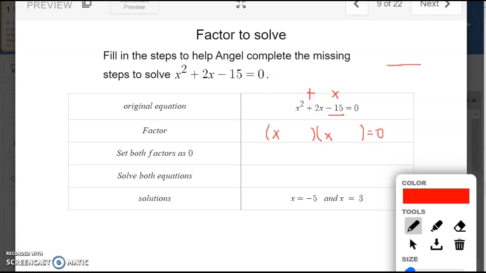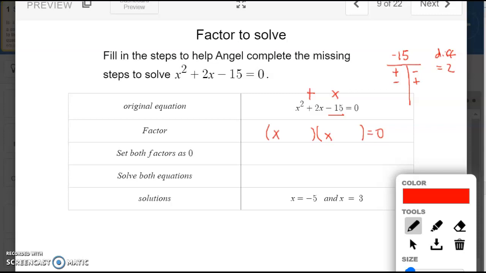So I'm looking for two numbers that multiply to negative 15. That means one's going to be positive and one's going to be negative. What are my two numbers that will add to positive 2? Since I'm adding two numbers with opposite sign, I'm looking for the difference to be 2.